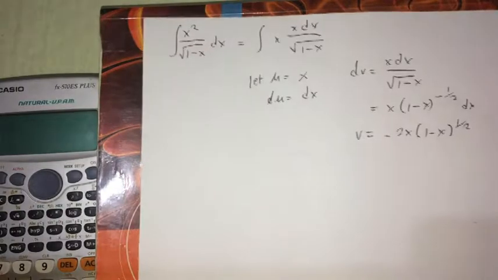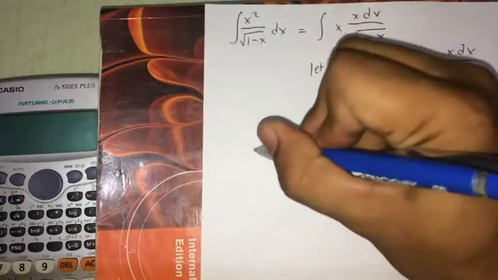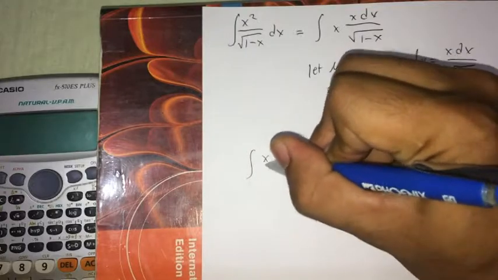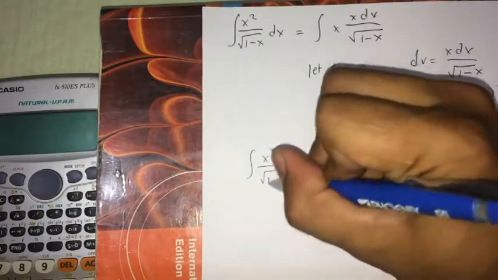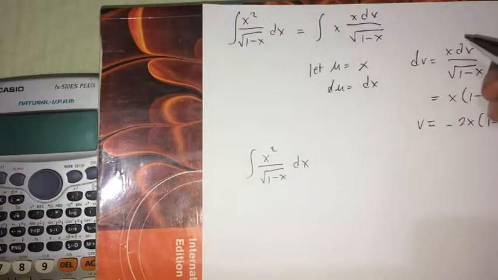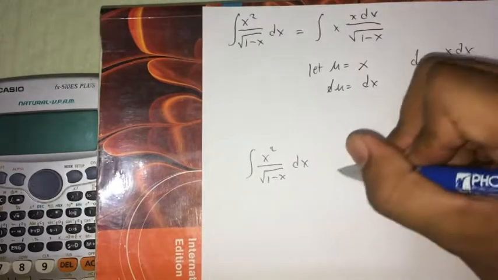So, balik po tayo sa ating original na given. So, we have the integral of x squared over square root of 1 minus x dx. So, yung theorem po ng integration by parts, uv minus the integral of v du. So, yun po yung gagawin natin dito.